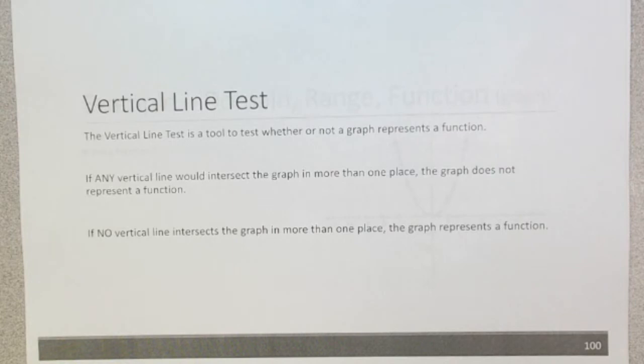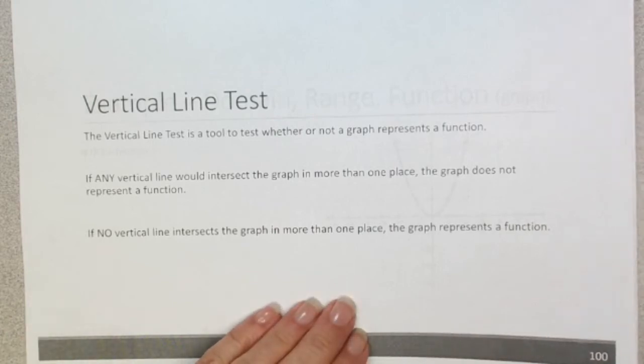If a vertical line does not intersect the graph in more than one place, then it would be a function. If I can imagine any vertical line that does intersect the graph in more than one place, or draw any vertical line over the graph that intersects it in more than one place, then it's not a function.